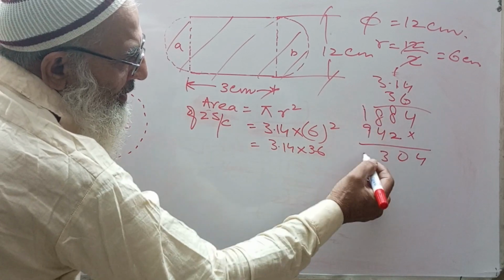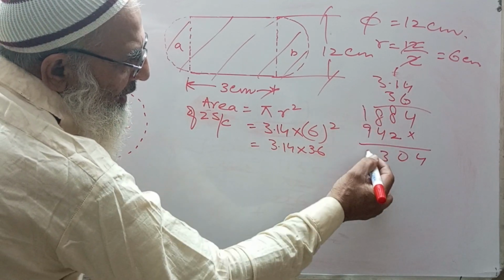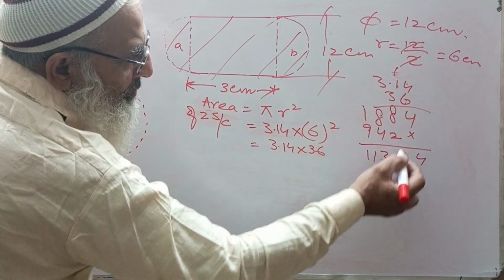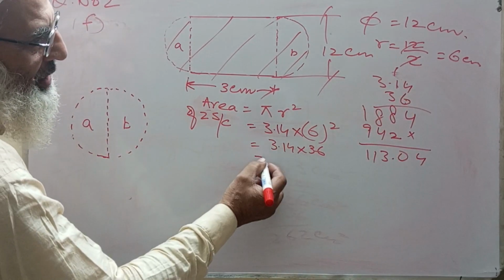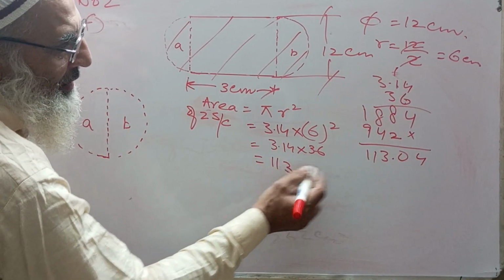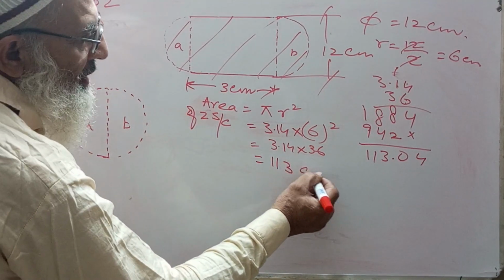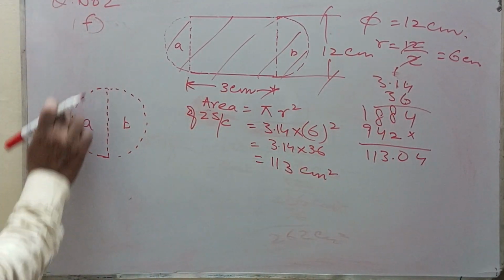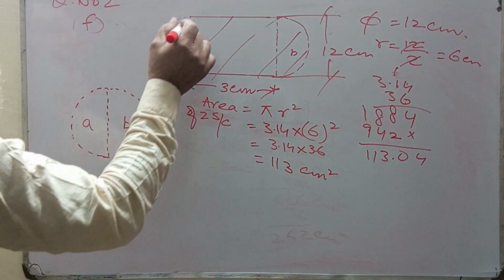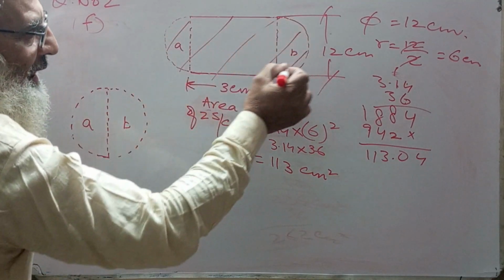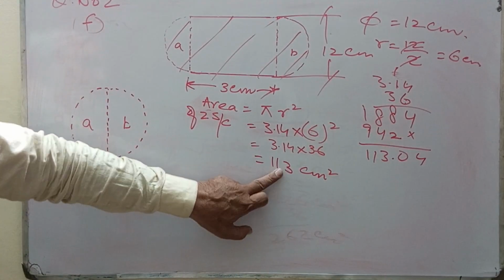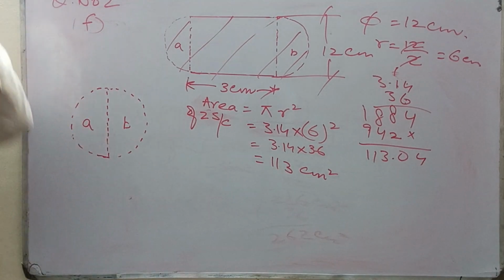This is equal to 113, just forget the 04, centimeters square. The area of the circle, or the area of this semicircle and this semicircle, will be 113 centimeters square.